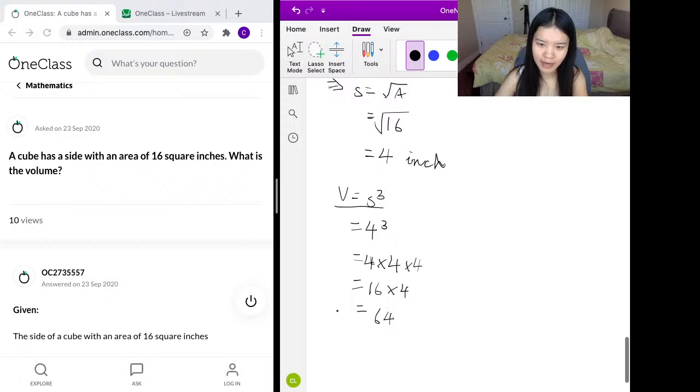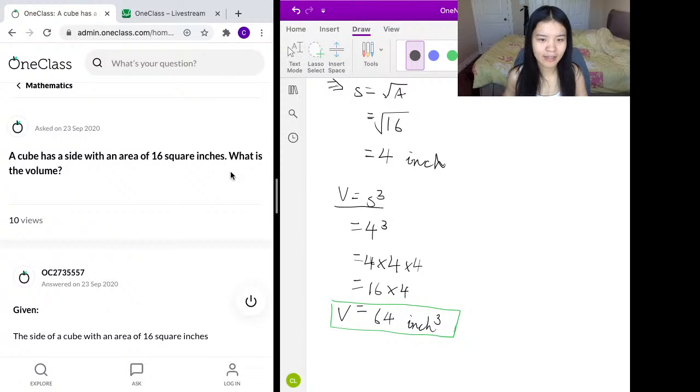So this is our answer. The volume of the cube is 64. And don't forget the unit. It's 64 inches cubed. Great. Now let's look at our sample solution.